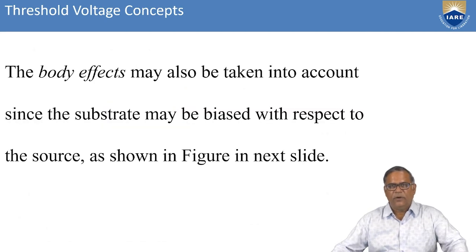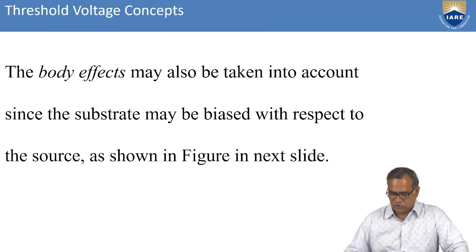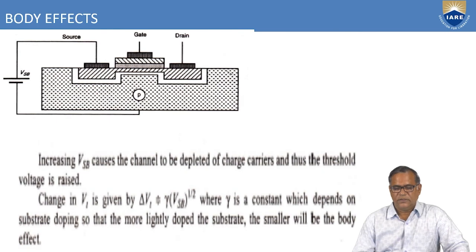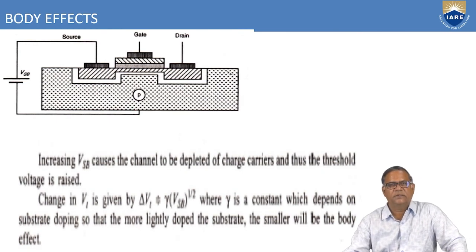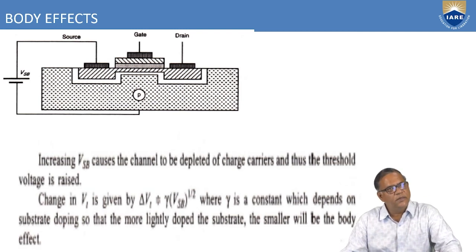Okay, so the body effects are also to be taken into account because the substrate may be biased with respect to the source. If the substrate is applied with a voltage, then it is going to change the threshold voltage. And the threshold voltage depends upon the substrate bias. And for this NMOSFET, if you increase VSB, it is going to increase the threshold voltage.